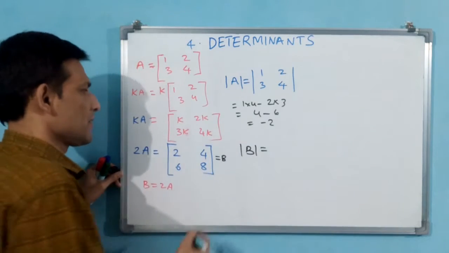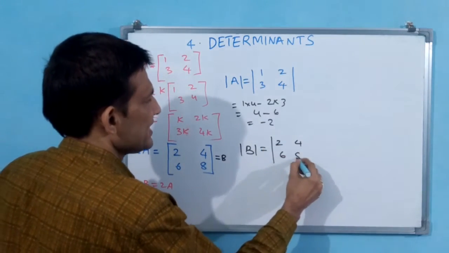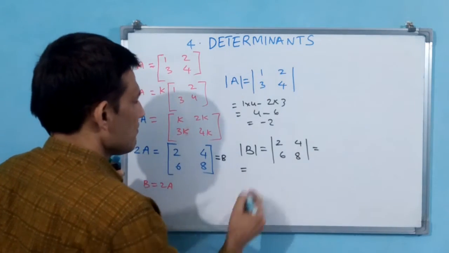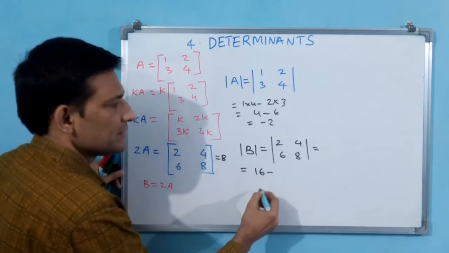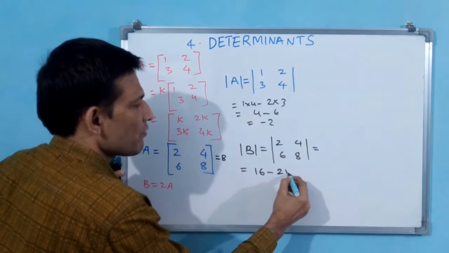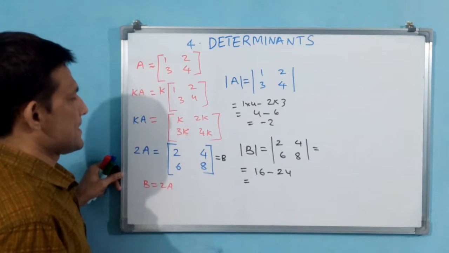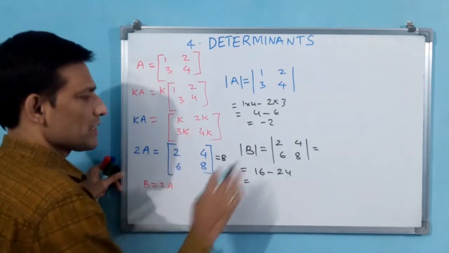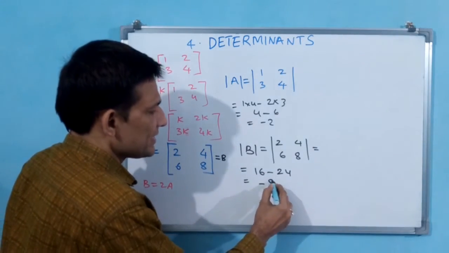Determinant B is equal to, you are going to keep 2, 4, 6, 8, and make AD minus BC: 2 8s are 16, 6 4s are 24. Is it okay? Now you tell me what will be the answer? Minus 8. Is it correct?